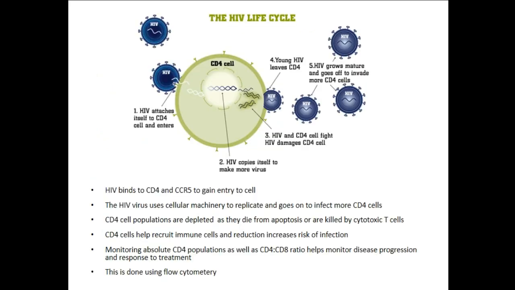So, you will be asked a question about how HIV infects CD4 cells. You should be able to tell me that the HIV virus targets the CCR5 receptor that's expressed on CD4 cells. It's also expressed on macrophages, but it's expressed more highly on CD4 cells. So this is how HIV targets mainly CD4 cells, because of this receptor CCR5.